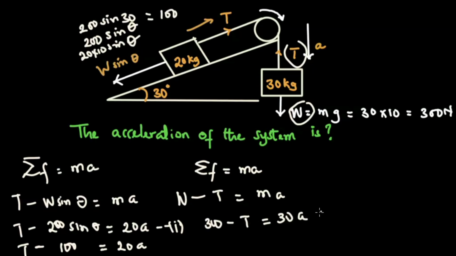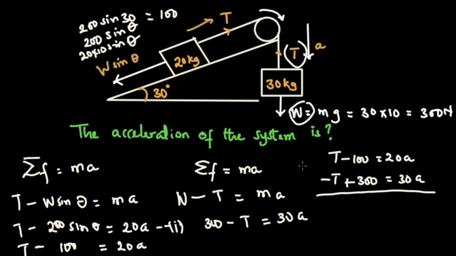Let me solve these simultaneously: T minus 100 equals 20a, and 300 minus T equals 30a. To write it in a similar pattern, let's write it as T minus 100 equals 20a, and rewrite this as minus T plus 300 equals 30a. Looks similar, right? Now we can add equations 1 and 2 to eliminate the tension.